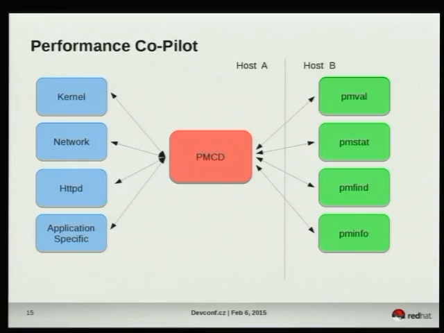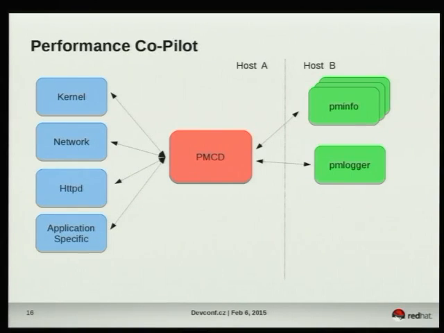So this is cool, but a couple other ones. pmlogger. I mentioned before that having different versions of data formats is a pain. But pmlogger is our solution to that. It's a way to basically log the metrics you're interested in from various machines, right? Once again, it can be done over the network. And what we'll do is we'll record this information and keep it in archives.